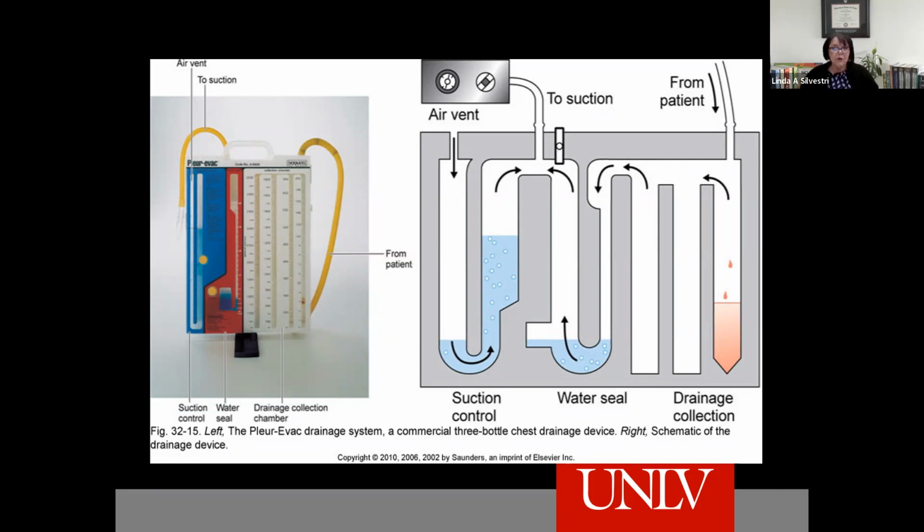Drainage will come into that chamber, and this is not like a Foley catheter where you empty it at the end of the shift. You never open or disrupt this Pleur-evac drainage system or chest tube drainage system. So you would monitor the amount of drainage per shift or per hour, depending on the status of the patient.